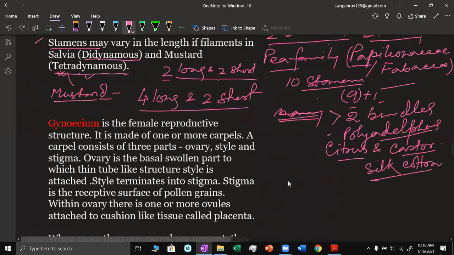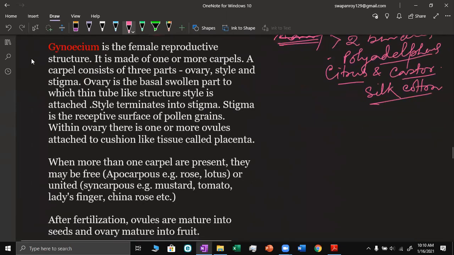Now come to some of the characters of the gynoecium, the female reproductive part. This consists of one or more carpels.